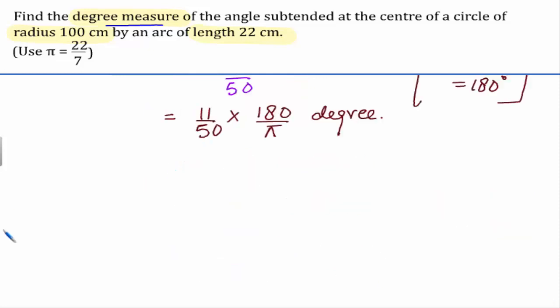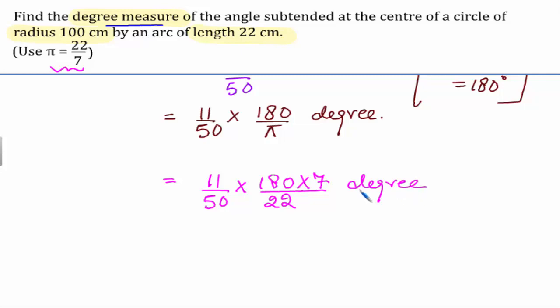So this is equal to 11 divided by 50 into 180, and the value of pi is 22 by 7. So we have 22 in the denominator and 7 in the numerator, degree. Now simplifying it, 11 ones are 11, 11 twos are 22, 2 nines are 18. So we have 63 upon 5 degree.